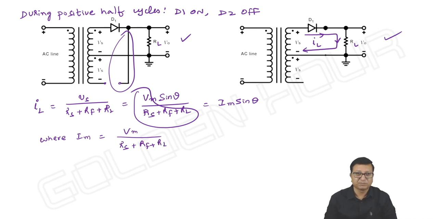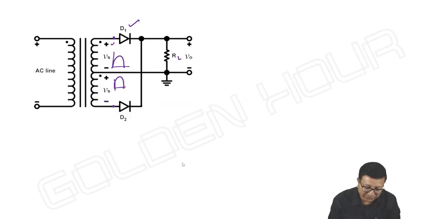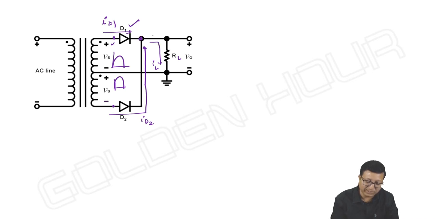Okay, everything is fine. And here is one more interesting point I would like to tell, which I forgot. See, if the current through D1 is ID1, and the current through D2 is ID2, which comes like this, and the current through the load resistance is IL, then taking this node, what can we write?